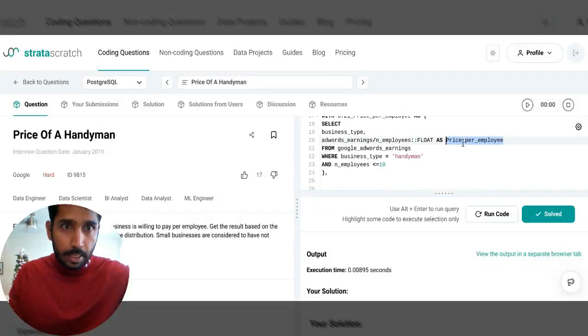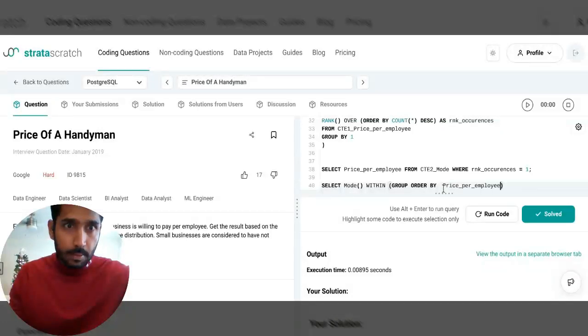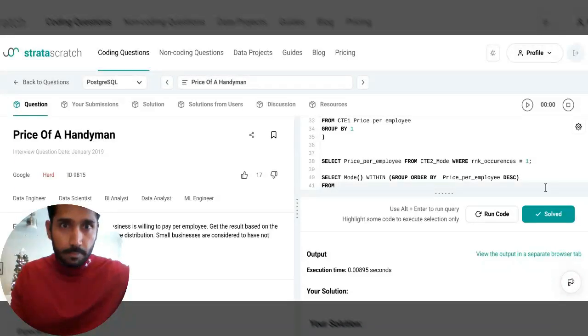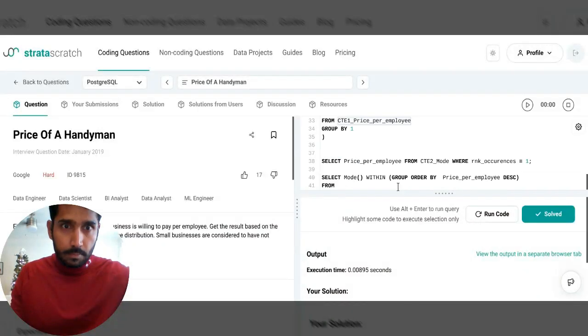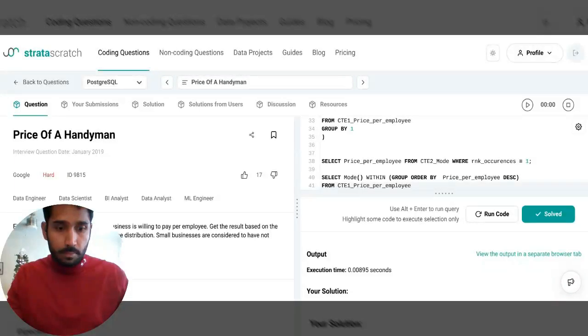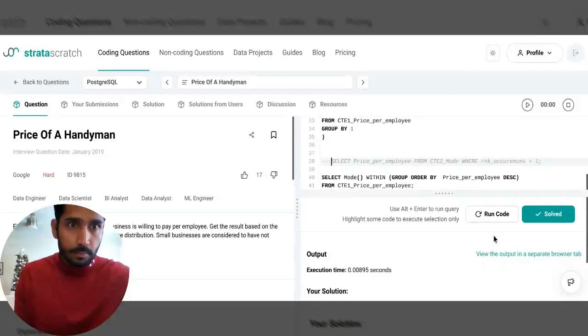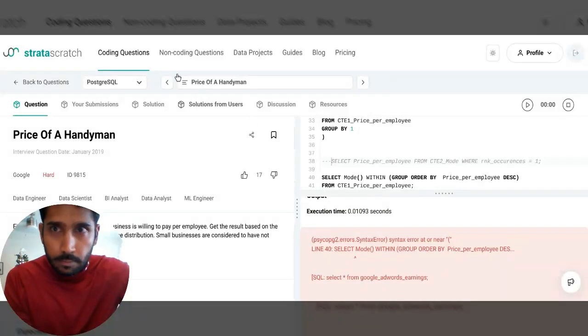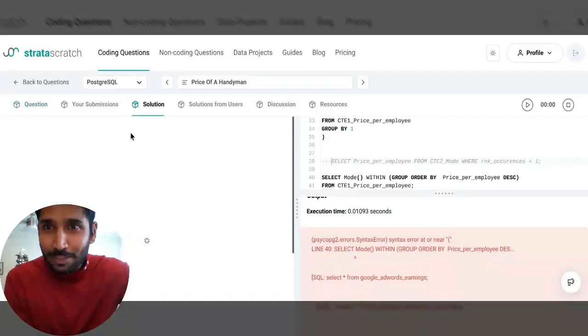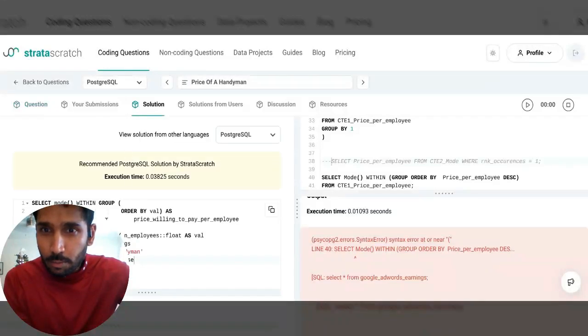This is the metric we want to look at, price per employees, from. Is that what it is? Let's see. It's an error. I'm getting used to this function, so I'm going to take a look at it one more time.